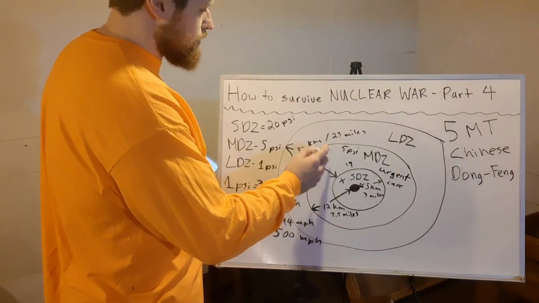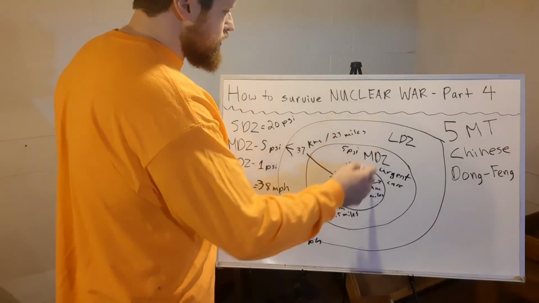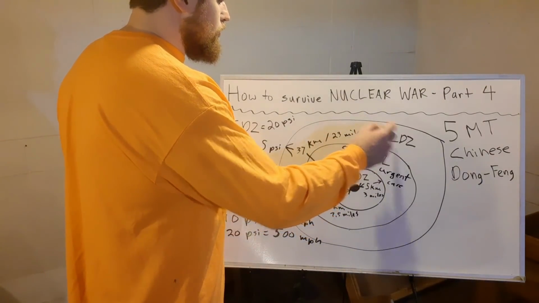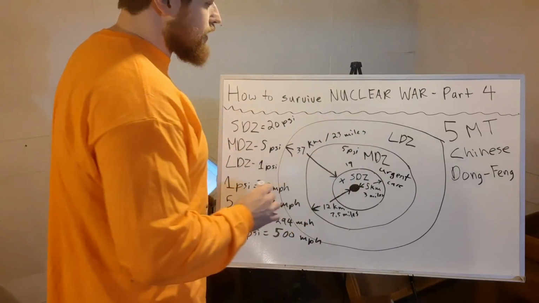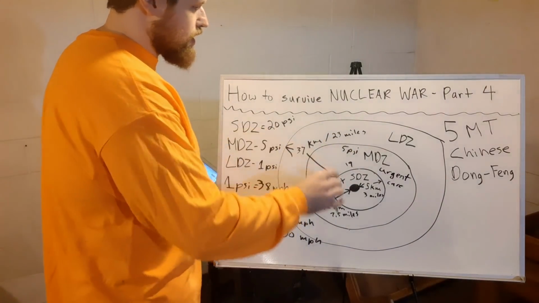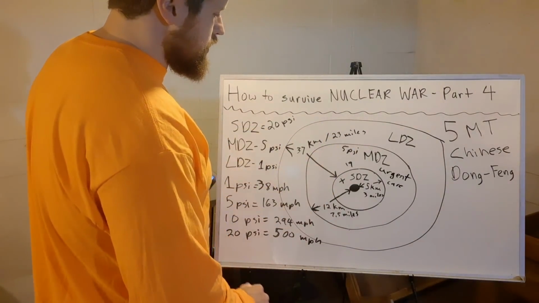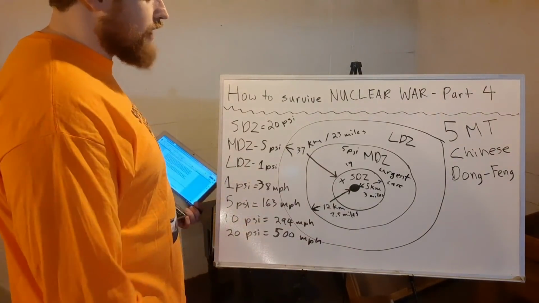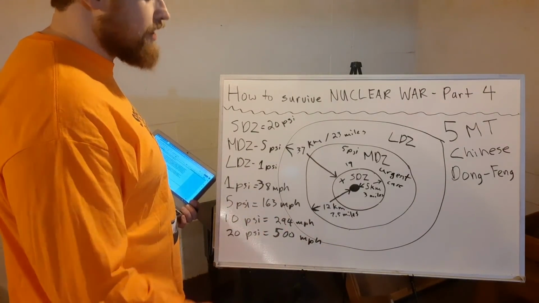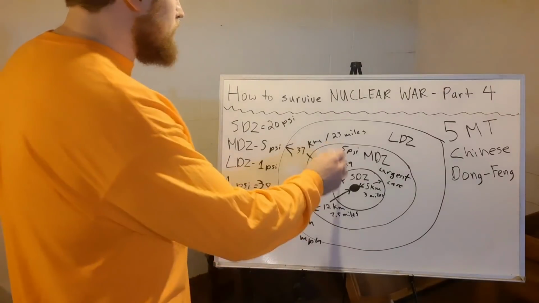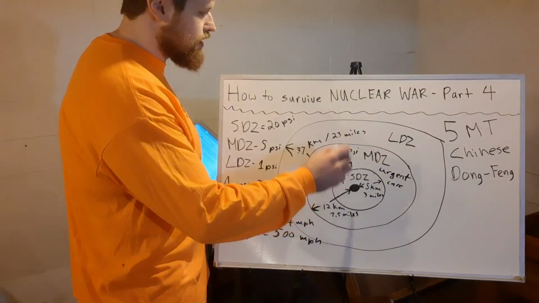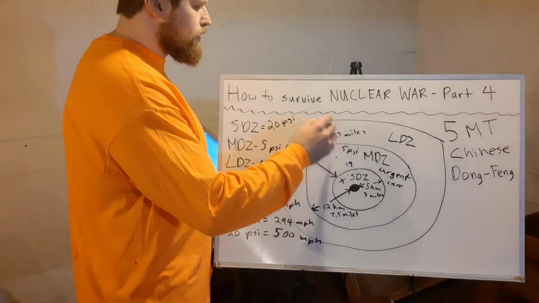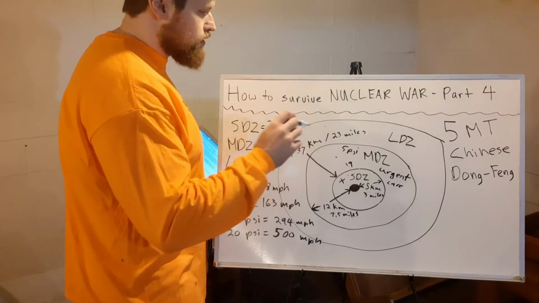Okay, once you're sheltered in place, if you're in any of these zones, SDZ, MDZ, or LDZ, don't expect the first responders to come very quickly. All right, they're going to have to wait for the radiation to subside before they can go out and put the fires out and look for people, because then they're going to die. All right, so you're on your own. Okay, if you're in the SDZ, the MDZ, the LDZ, you're on your own.